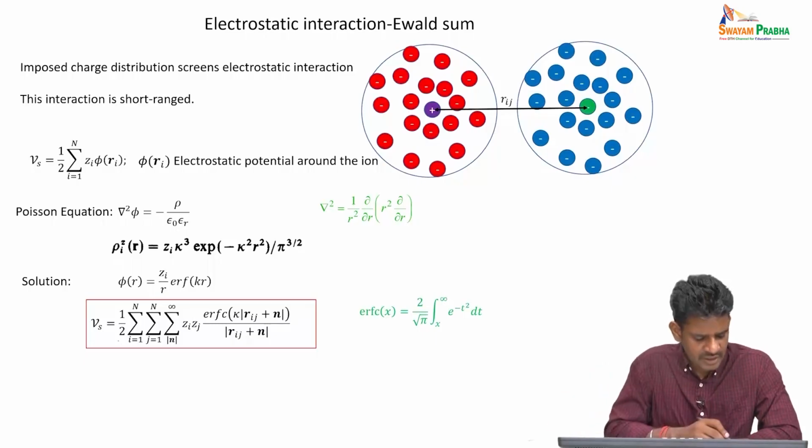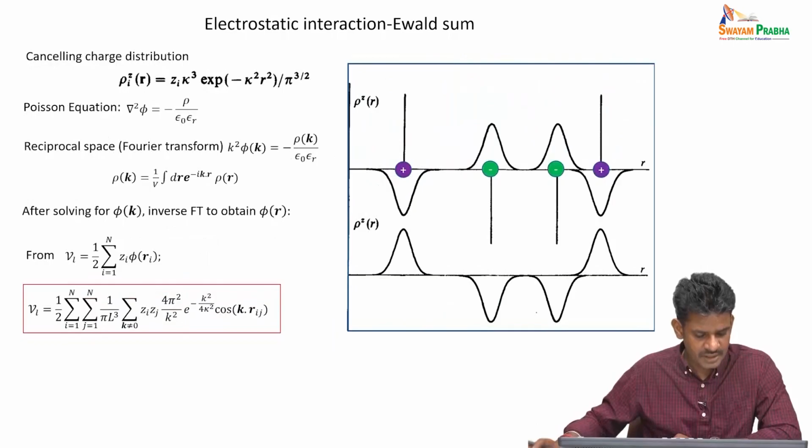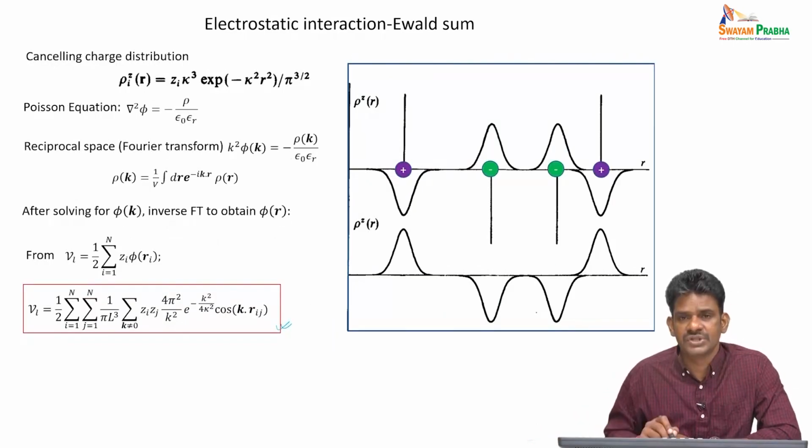You can calculate the long range contribution as well. So, this comes from the short range contribution, and this comes from the long range contribution, where we eliminate the imposed charge by solving the Poisson equation using a Fourier transform.